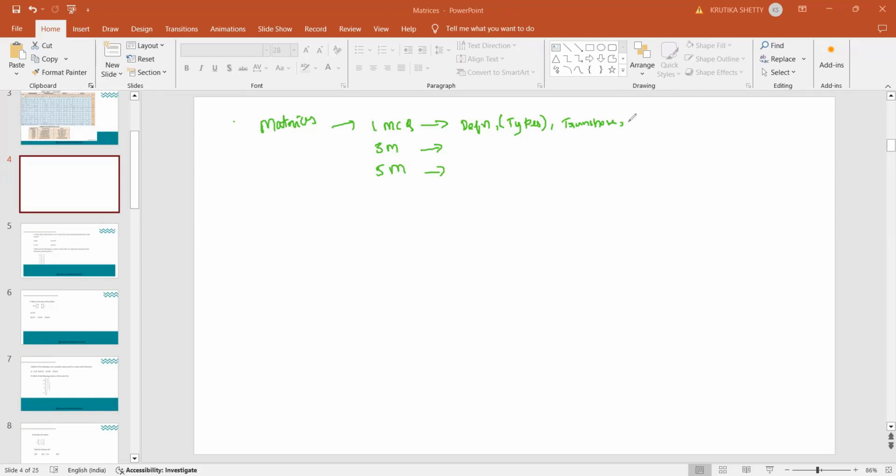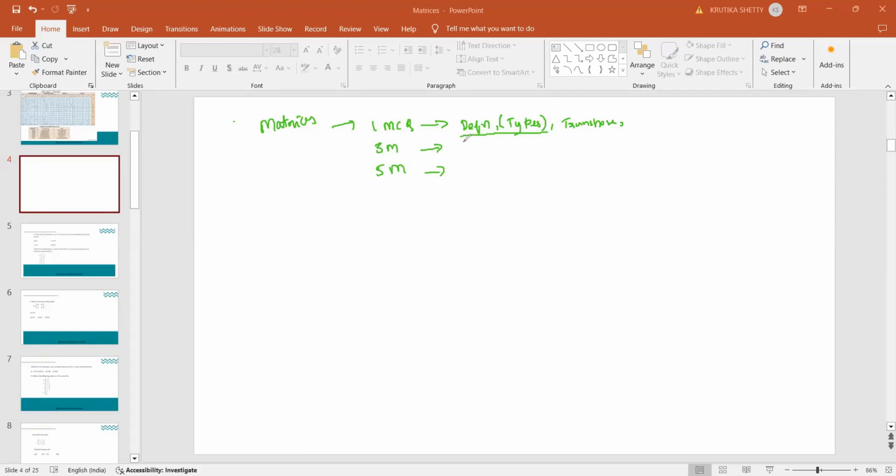These are all easy MCQs, but the main question may come from the definition, that is types of matrices. So you need to be familiar with definitions, and we will discuss them one by one.